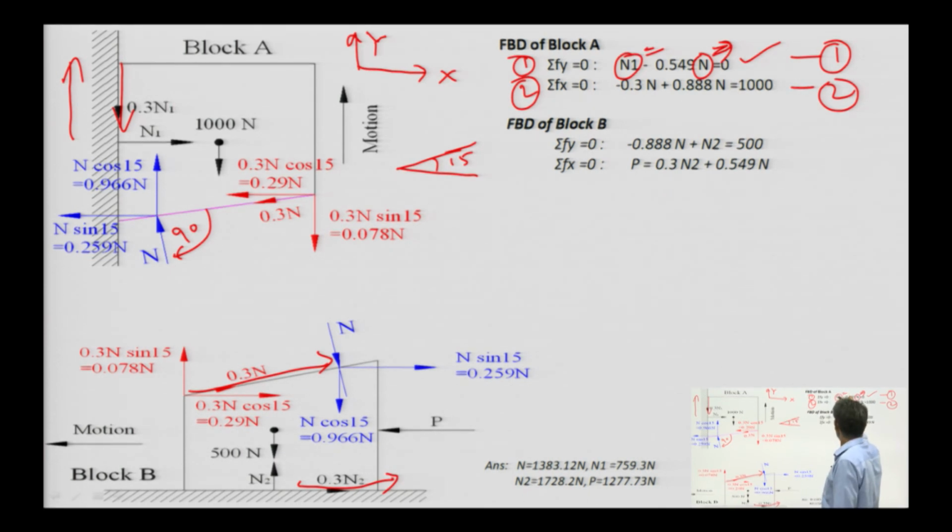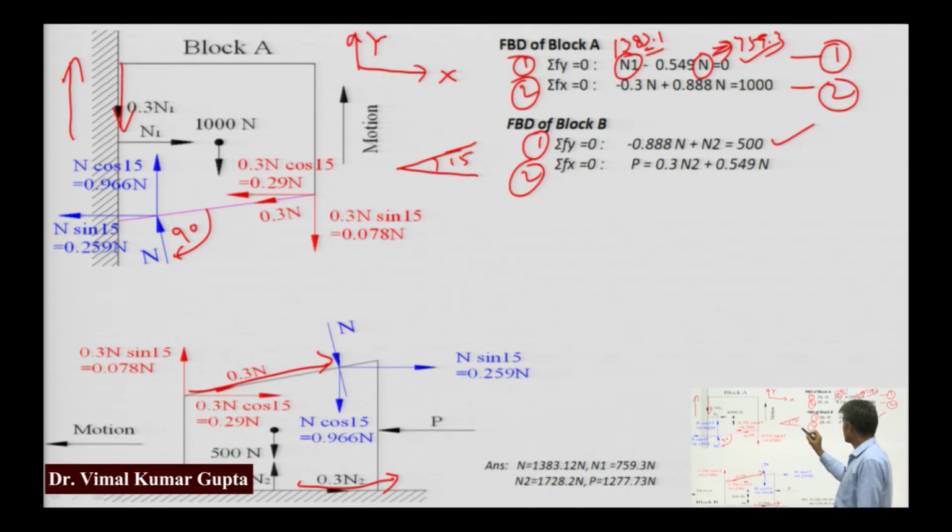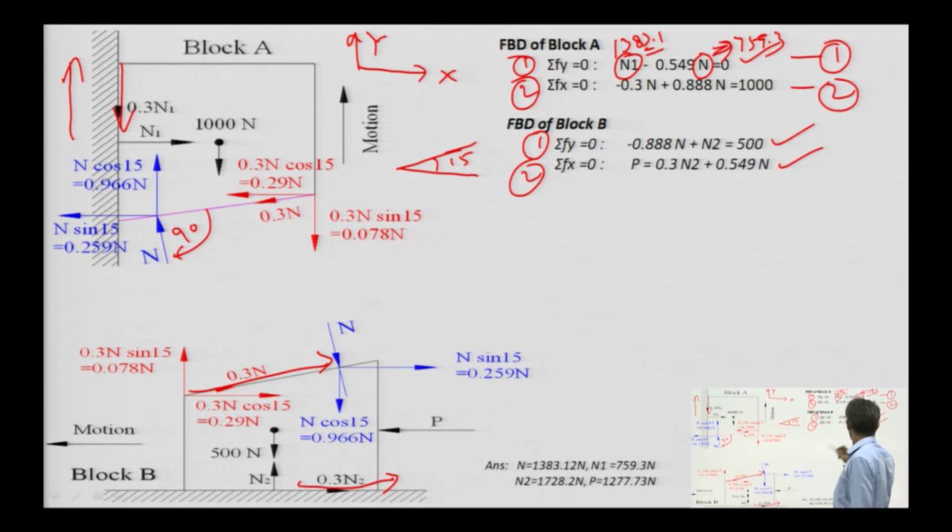You can calculate the value of N1 as 1383.1, and N as 759.3 Newton. The equilibrium equations for the other block have also been applied. By applying sigma Fy equal to 0, we will have one equation. Again, after applying the equilibrium condition in the x direction, we will have the value of N2. The values of N and N1 we have calculated previously, so the value of N is known over here.